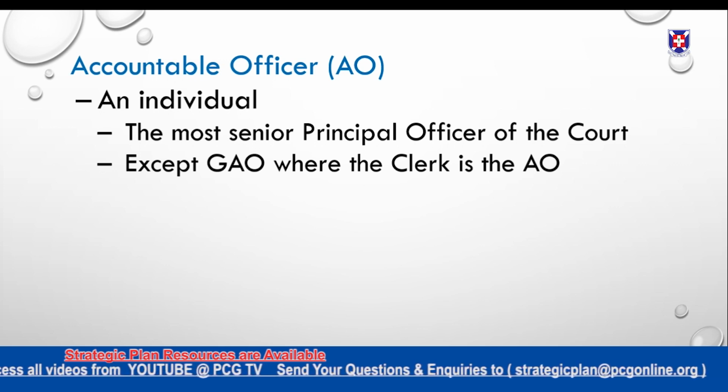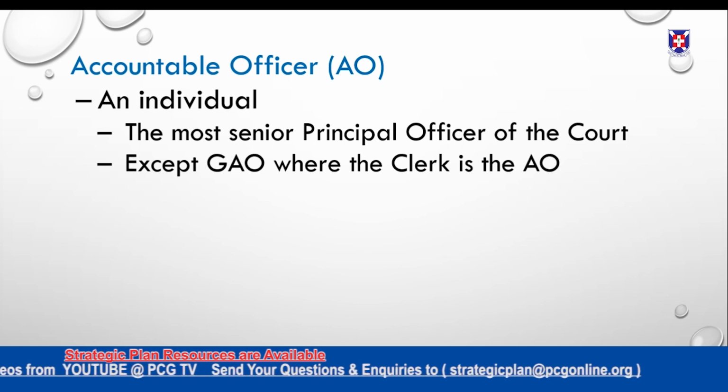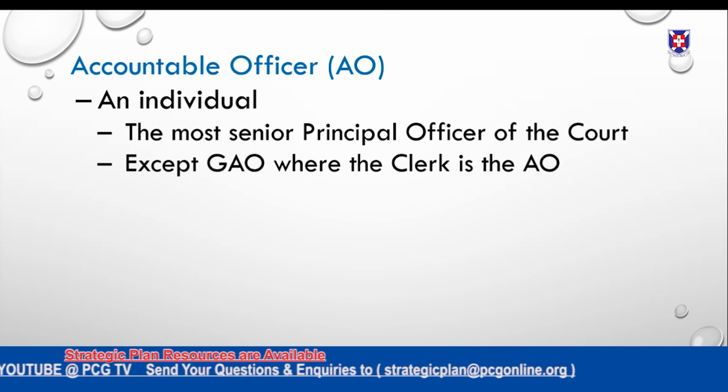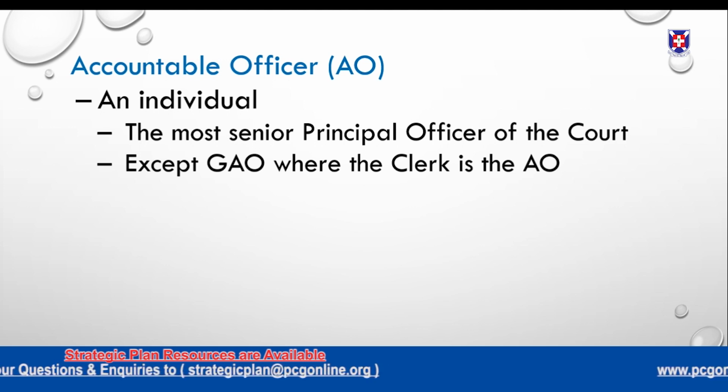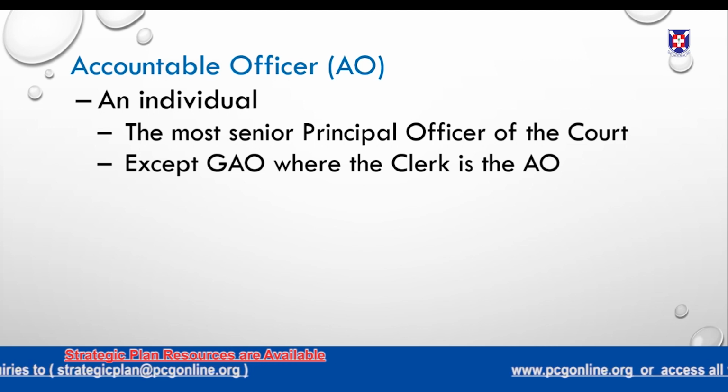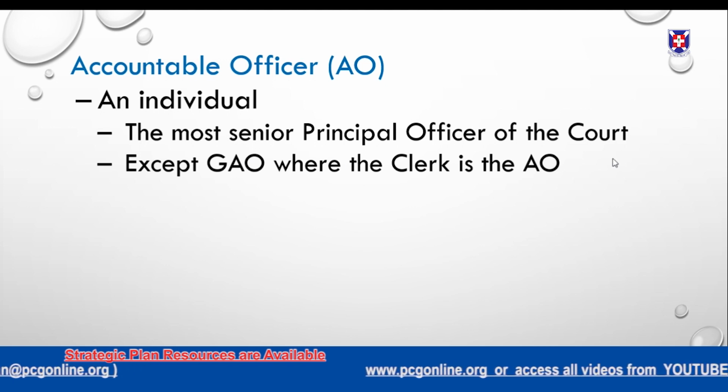The principal officers are defined by the Constitution. For instance, at the General Assembly level, they are the moderator and the clerk. In the Presbytery, it's the chairperson and the clerk, and so on and so forth. So that's the most senior principal officer of the court.